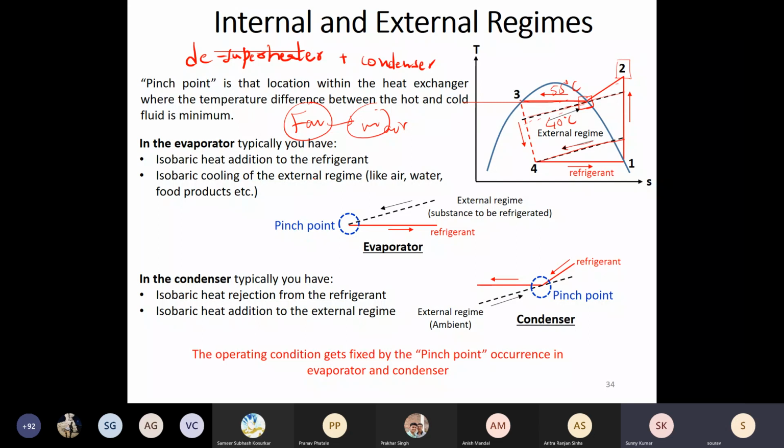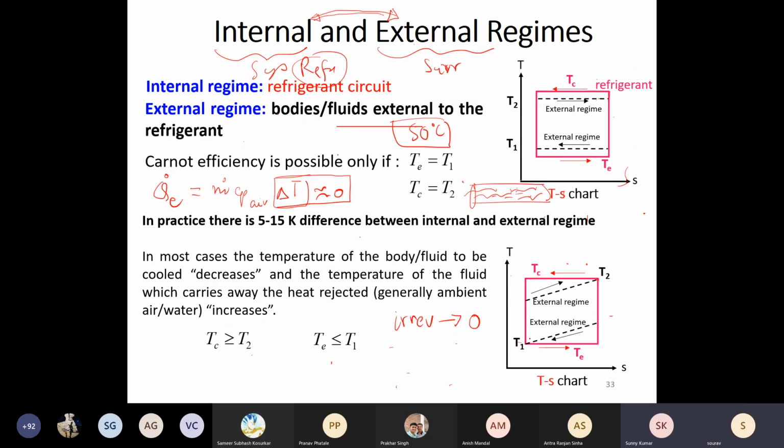This point is called the pinch point. So pinch point in a heat exchanger is that point where you have minimum delta T between the hot and the cold fluid. Okay, in this case, that point could be here. In the previous case, the pinch point was at this point and at this point.